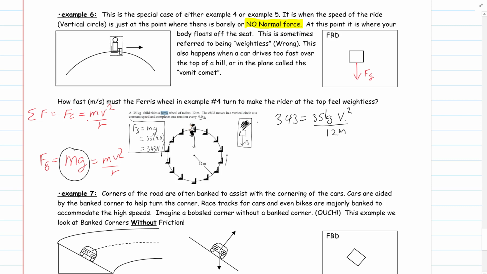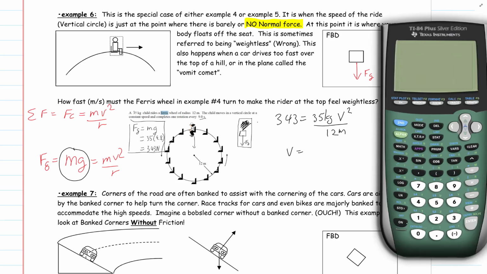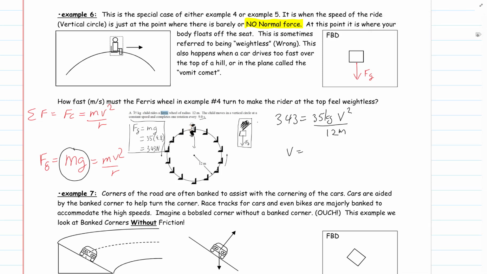Now we just solve for v, and we get 343 times 12 divided by 35. That'll be v squared, and then we have to square root it. And we get 10.84. So we just have to increase the speed up to 10.84 meters per second.